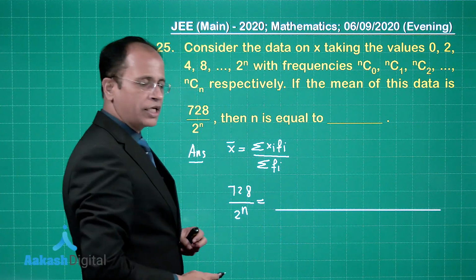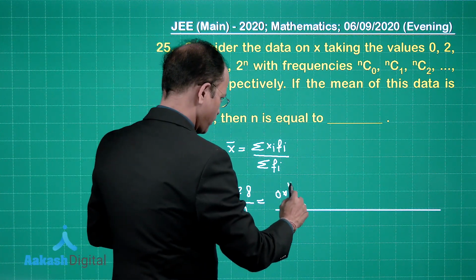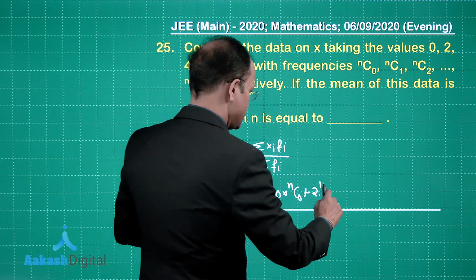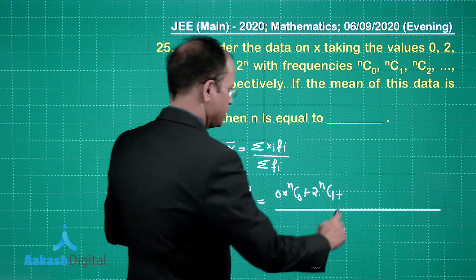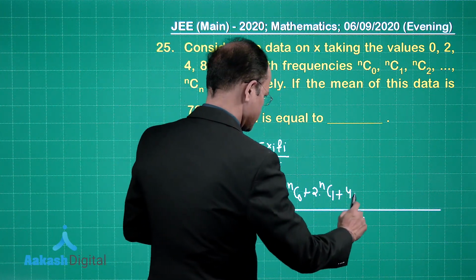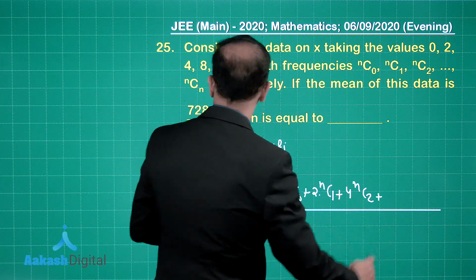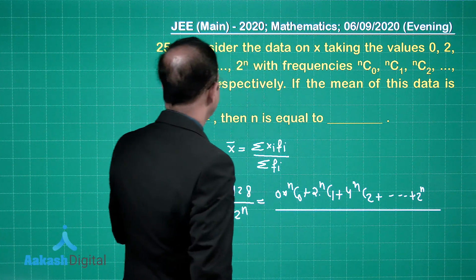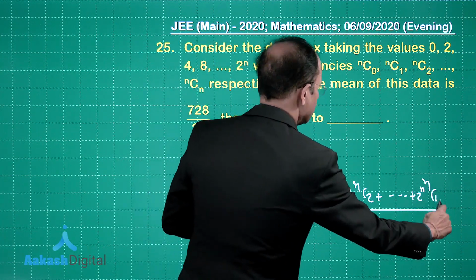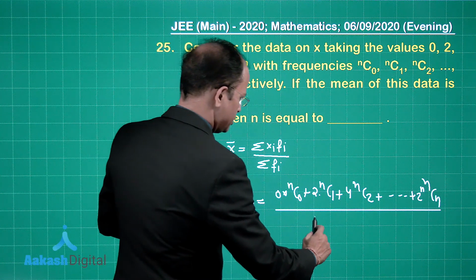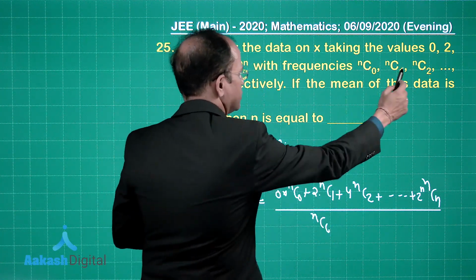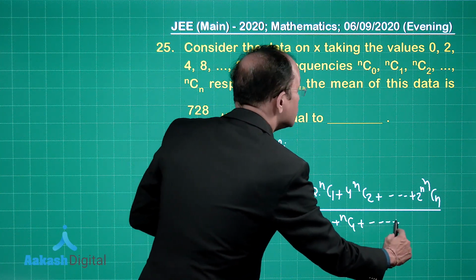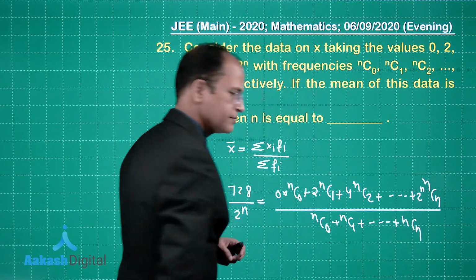That is 0 times NC0 plus twice into NC1 plus 4 into NC2. Then we have 2 raised to the power n times NCn, and we add all the terms of frequency, that is NC0, NC1, then we have NCn here.